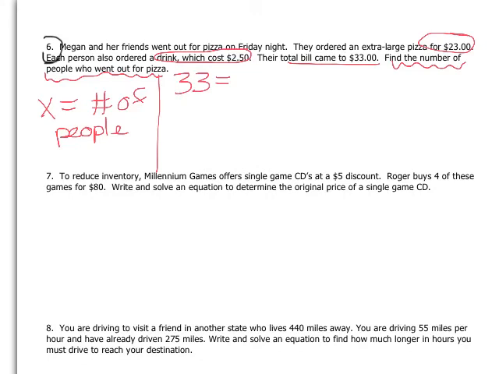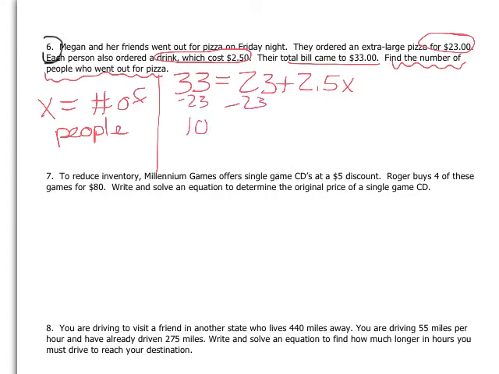They're just charged $23 one time for that pizza. Plus, how else did they spend their money? How many drinks? 2.5x, right? Because x is the number of people. Each person got a drink. So 2.5 times the number of people, which is x. Solving my equation, I subtract 23 from both sides.